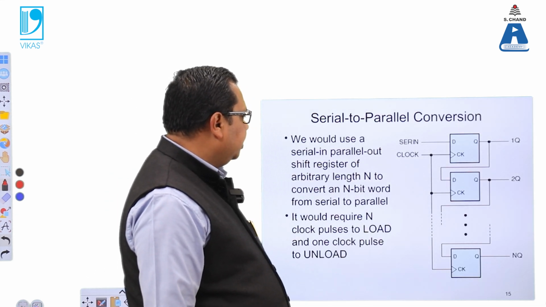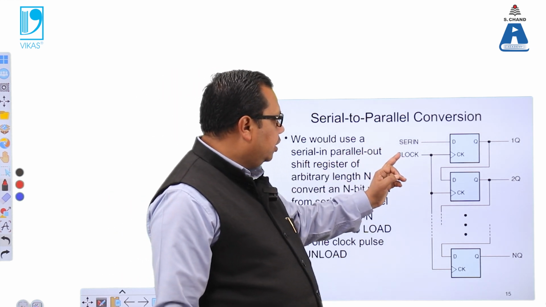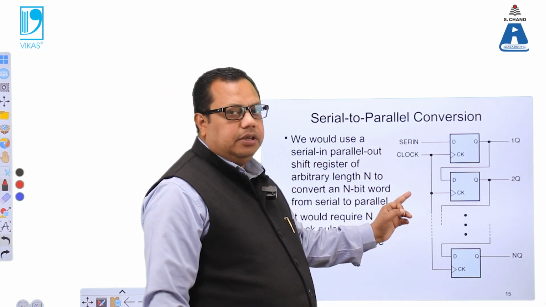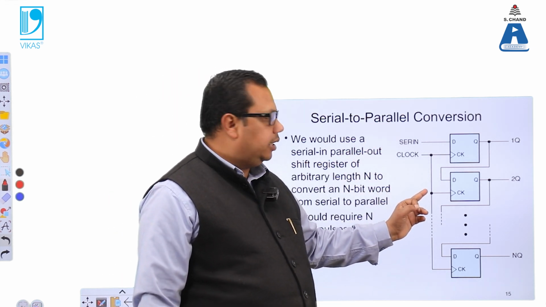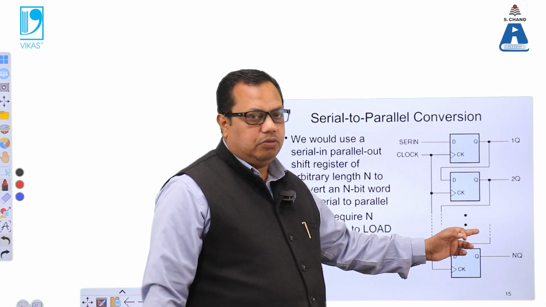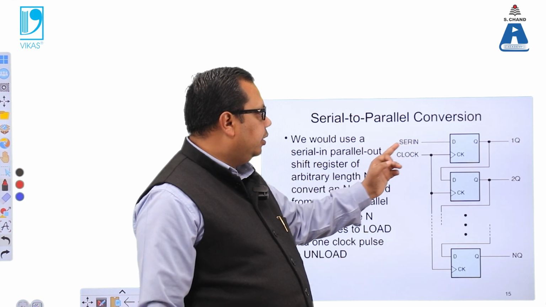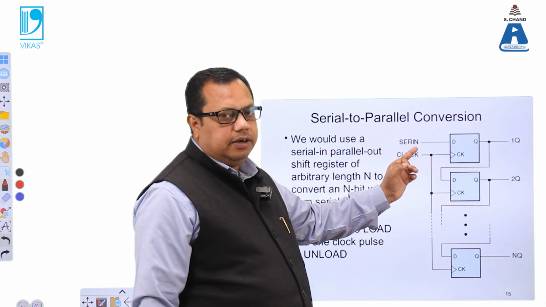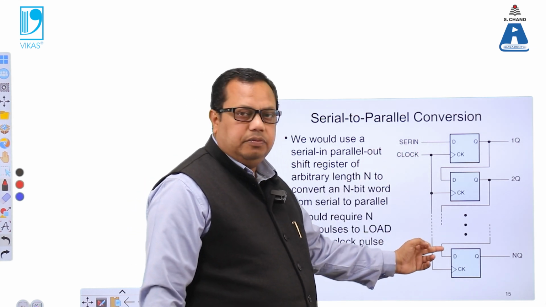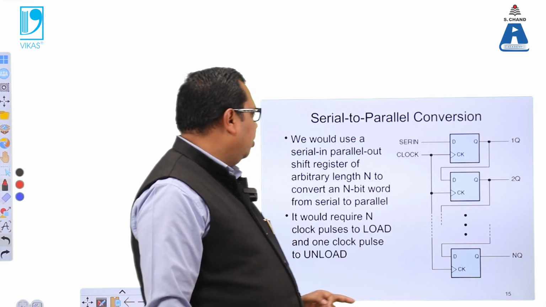In series to parallel conversion, we can see that serial in is given to you, then we are using a clock. Again the pulse will be decided, the smaller pulse will be taken, and then we take the output. So we are giving the input here, using the clock, and from that clock, using the small time pulse, we calculate the output.